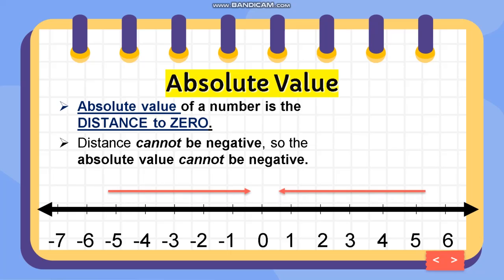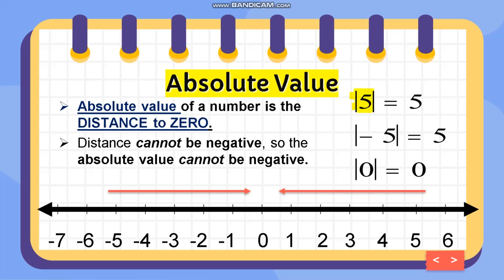For example, I have the absolute value of +5. By the way, if you see these two vertical lines and inside of it is a number, it means it is asking for the absolute value of that given integer. So here, what is the absolute value of 5?